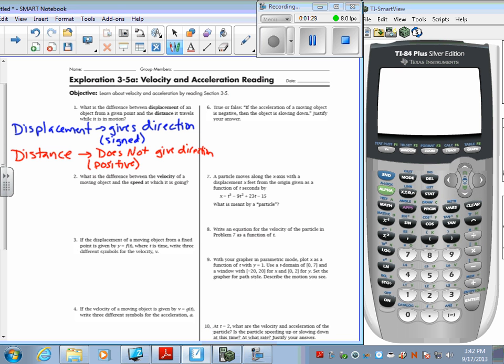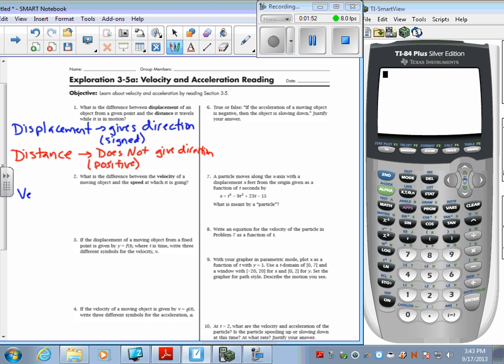So now we're going to move on to relate velocity and speed. If you notice your speedometer in your car, it doesn't have negative values. So if you are going backwards, it's still going to give you a positive speed. However, when we're discussing velocity, we know that velocity is signed. It's either positive or negative. Positive would mean you're moving forward, negative would mean you're moving backwards.